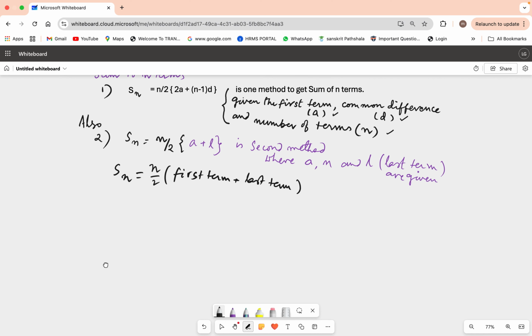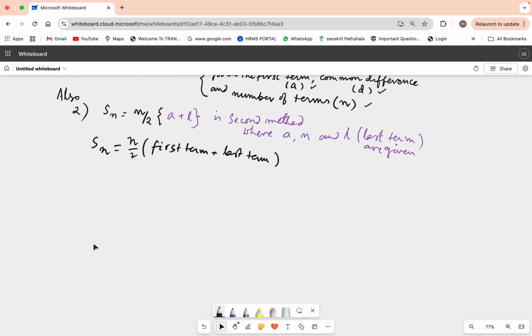Now coming to the next part of it, here we can have a finite series and an infinite series. A series is said to be a finite series if the number of terms is finite. We can take the positive multiples of 3 which lie between 0 and 100.